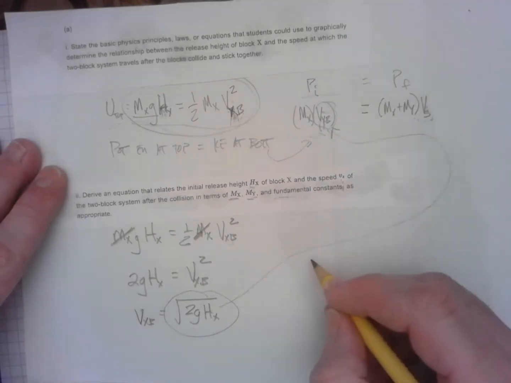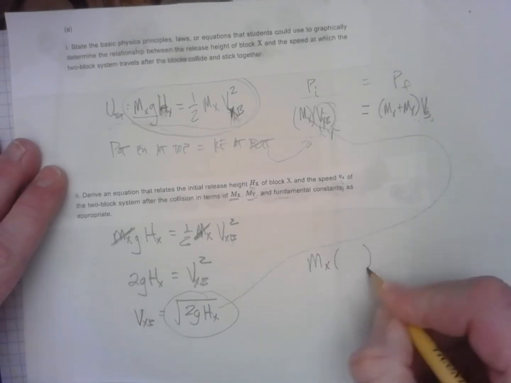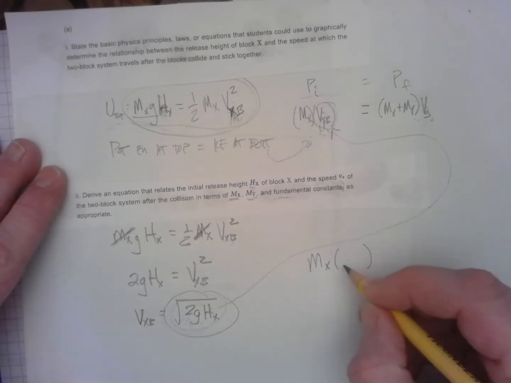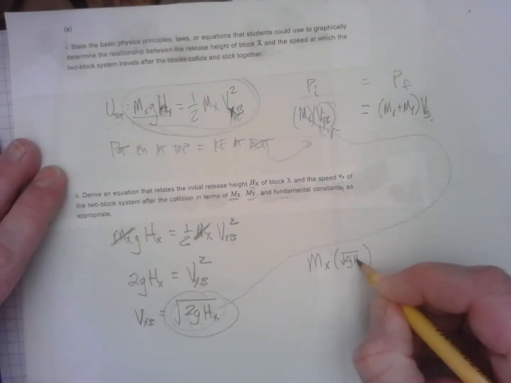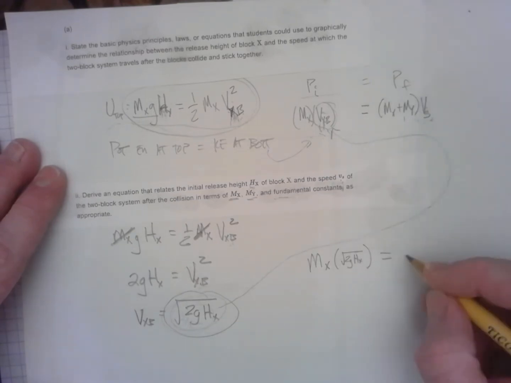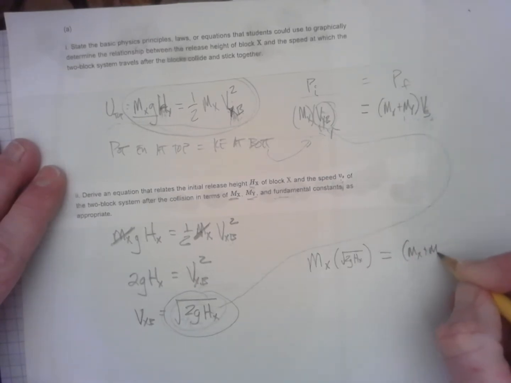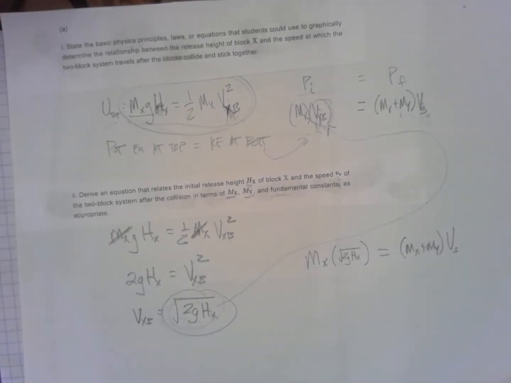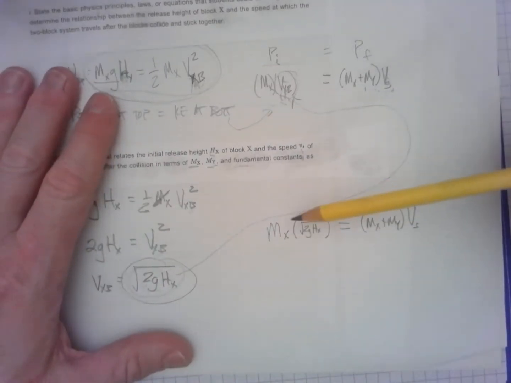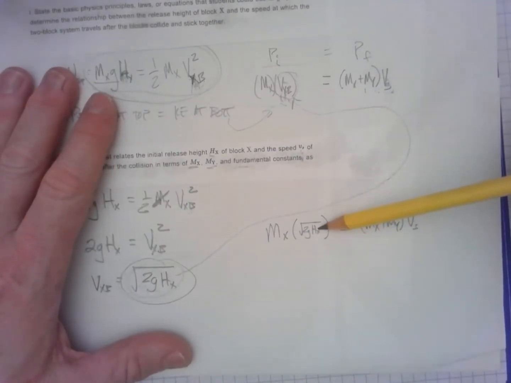So I'm going to have my initial momentum is m_x times the velocity just before the collision, which I can now describe in terms of h, square root of 2gh_x, equals the final momentum, which is m_x plus m_y, times what they call vs. Now, if I'm reading them correctly, the independent variable is this height, and the dependent is the speed. So basically, we're solving for this speed.